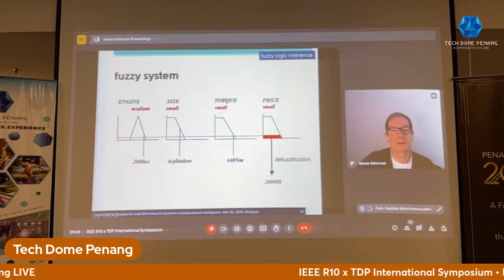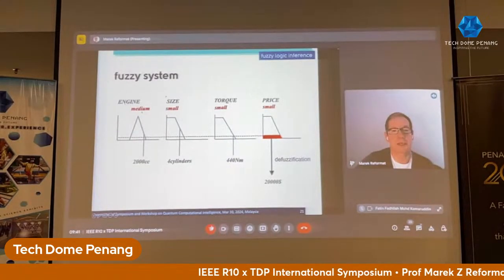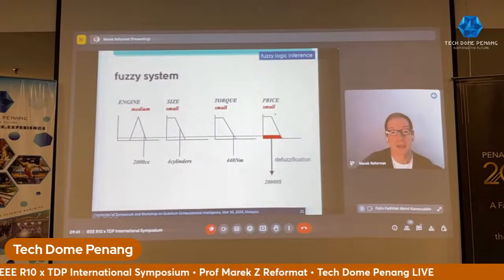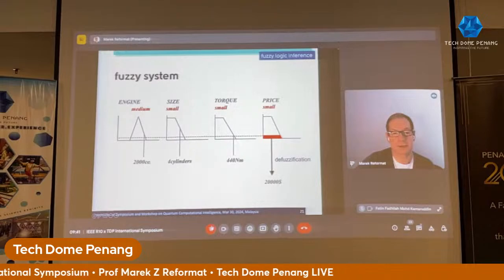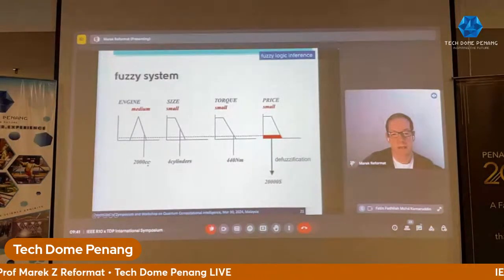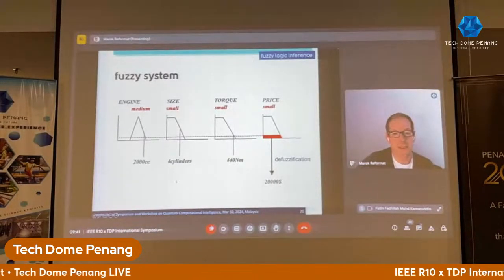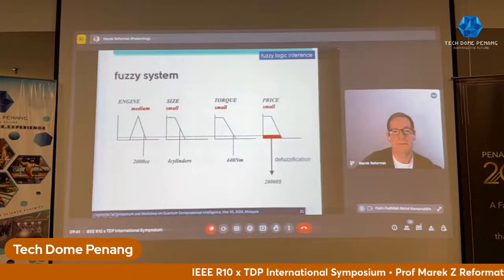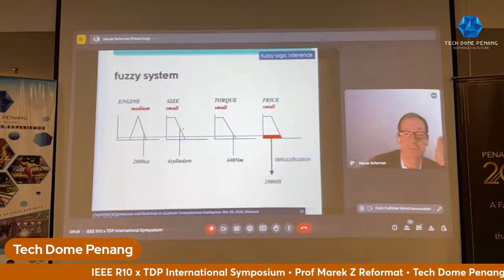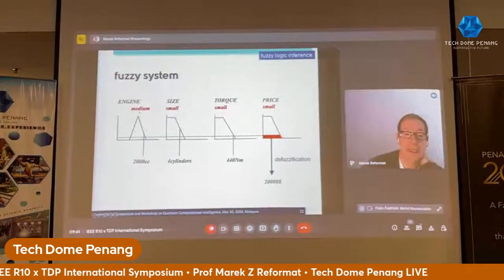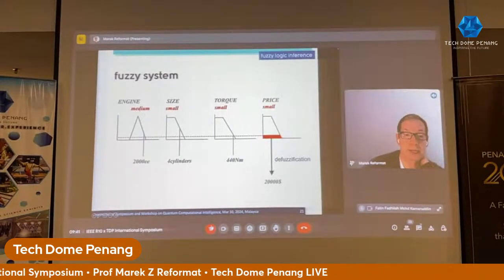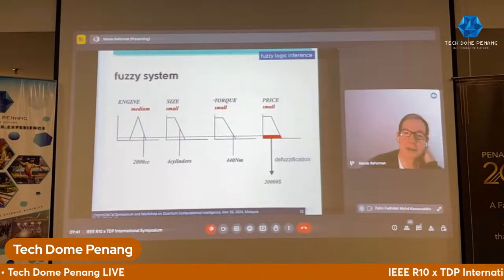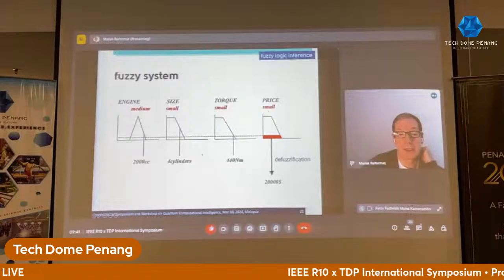So we have this rule, which means that if the engine is medium, its size is small, and the torque is small, then the price is small. Then the engine is 2000 cc, there is a 4 cylinder engine, and the torque is 440. We have three membership functions of fuzzy sets, one representing the medium size of the engine, medium in case of the capacity, size small, torque small, and the price small.